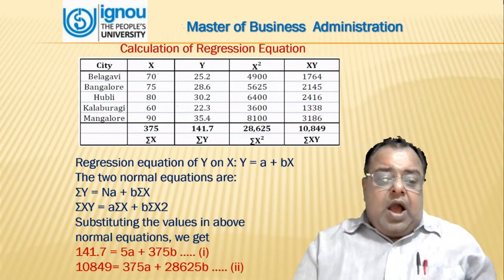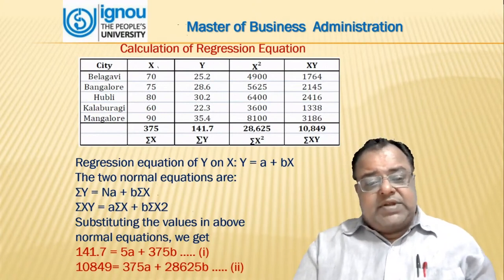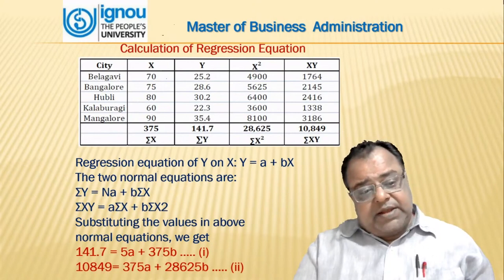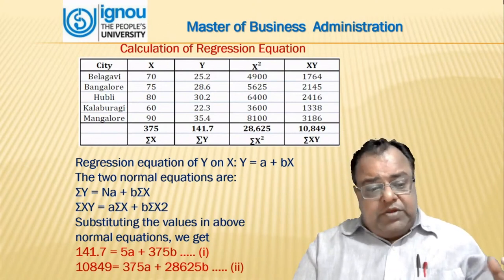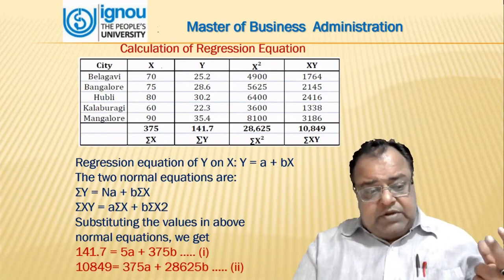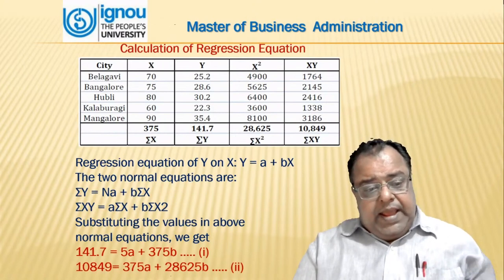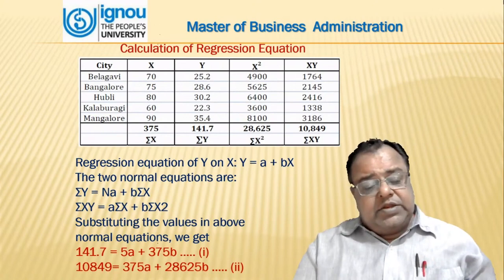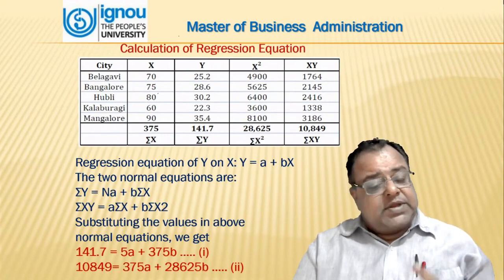Now, how to draw the regression equation line of y on x, that is y is equal to a plus bx. Now, we use two normal equations. Summation y is equal to n a plus b summation x. Summation xy is equal to a summation x plus b summation x square.